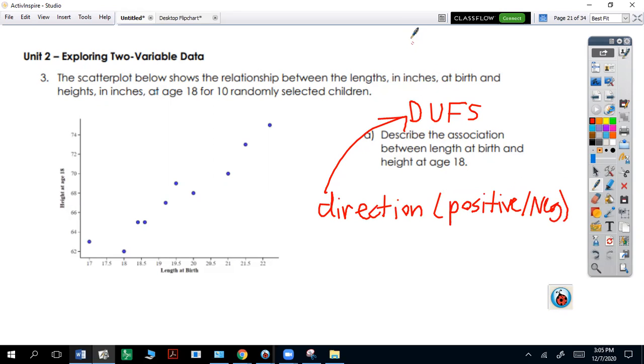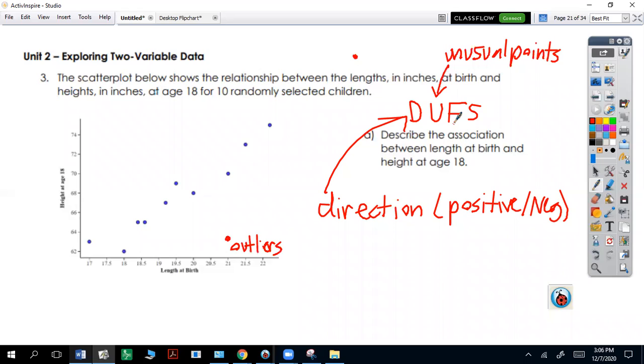U, that's going to talk about unusual points. We're talking about outliers. Outliers being somewhere down there. Or are we talking about points that are way out here, or somewhere that's kind of out of the range of values we typically associate.